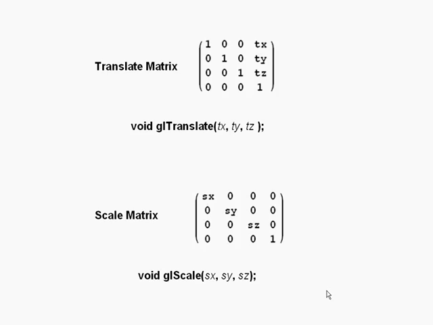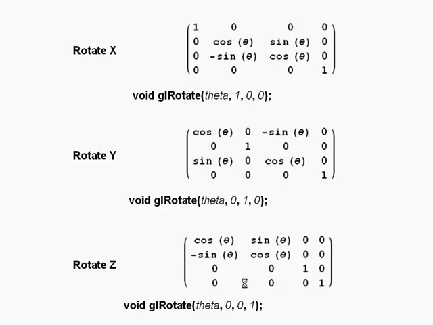If we set Sx, Sy, and Sz all to 1, then that's our identity matrix, and a glScale with parameters of 1, 1, and 1 would do nothing. That's our scale. Very simple.